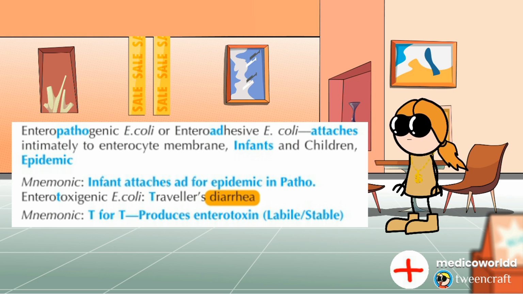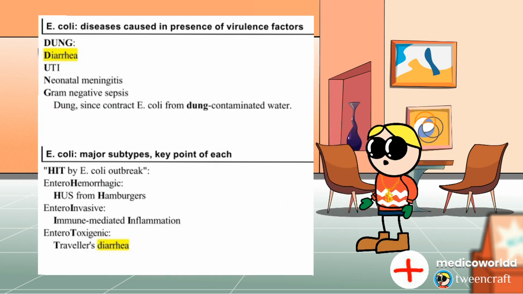Now, enterotoxigenic E. coli causes traveler's diarrhea, meaning T for the T, which produces the enterotoxin, either a labile enterotoxin or stable enterotoxin. Now, other than diarrhea, the conditions associated with E. coli are UTI, neonatal meningitis, and gram-negative sepsis.